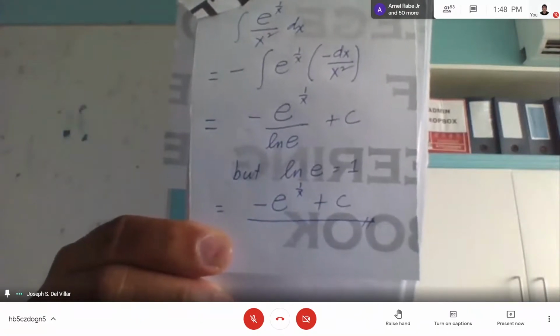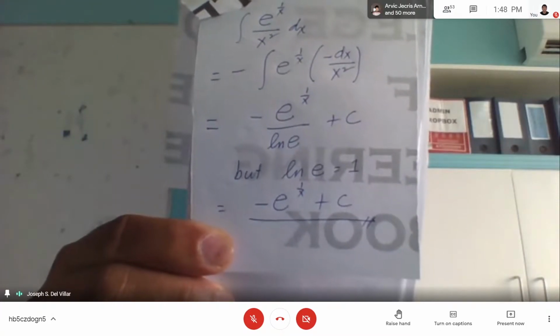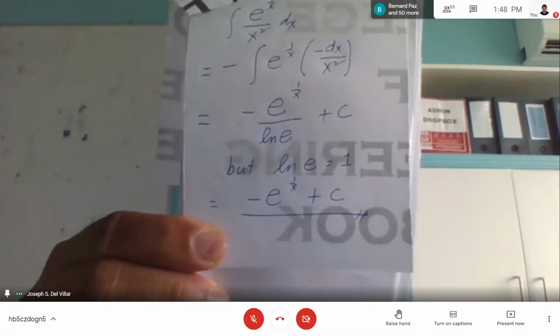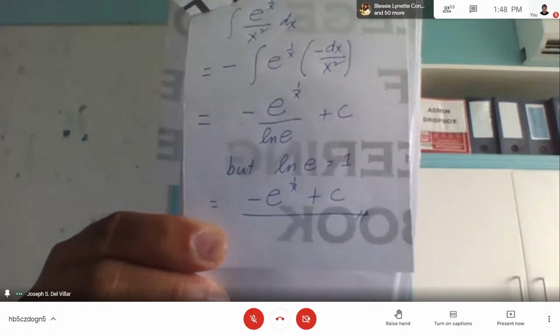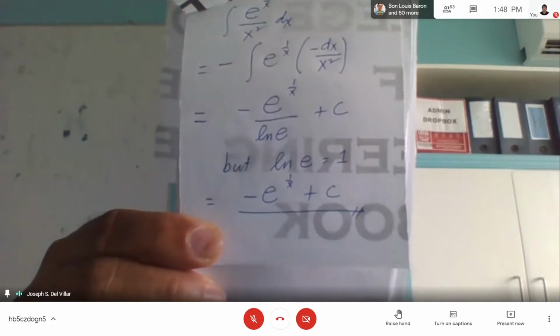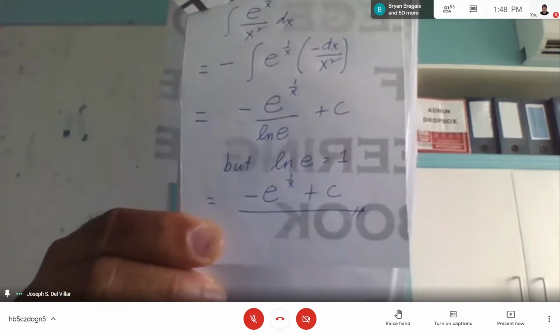Kuha? So therefore, if it is already exact, then we apply the formula. So I copied the negative sign. Then I copied the given, that is e to the 1 over x divided by the natural log of e, which is the constant a.